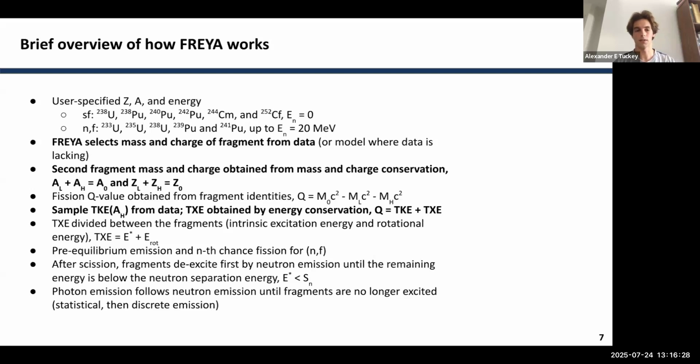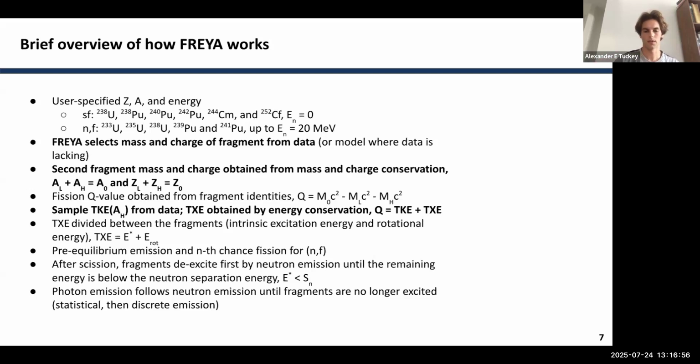This total excitation energy is then divided between the fragments for both their intrinsic excitation energy and rotational energy. At this point, we consider pre-equilibrium emission and multi-chance fission if we're dealing with neutron-induced fission. Afterwards, the rest of the event generation has to deal with the prompt emission of the fragments.